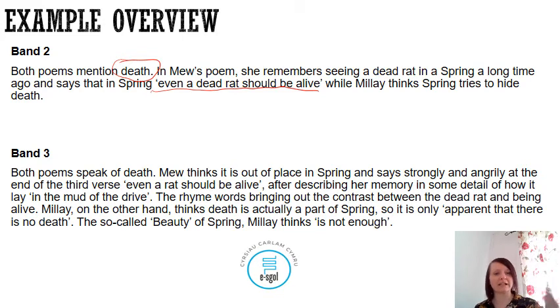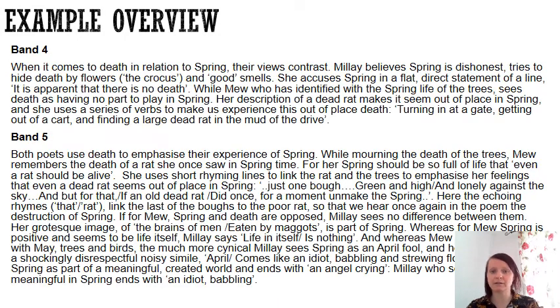So not really capitalising on the idea that Mew believes that spring is this time of birth, this time of growth, and that during this time, in particular May, as she comments in her poem, all creatures, despite being seemingly insignificant, deserve to be alive. So that's something this candidate could have done when it comes to the connection. Just lacking a little bit of development there.